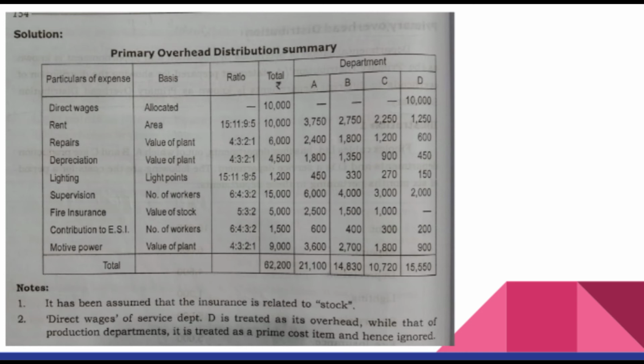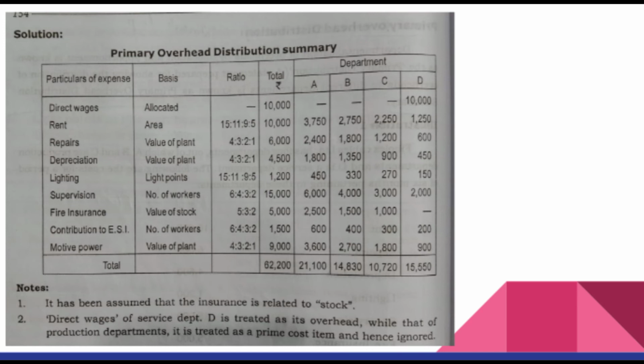Then we can take each of our overhead items. First item, rent, basis, area occupied, ratio 15 is to 11 is to 9 is to 5. The total amount of rent is rupees 10,000 and that 10,000 is to be divided among the production departments and service department in the ratio of 15, 11, 9 and 5.